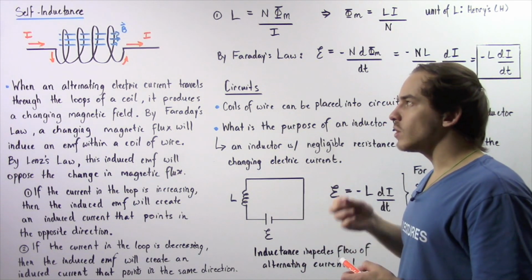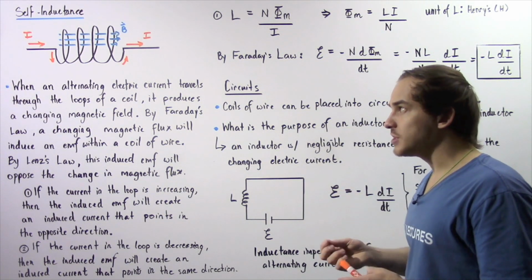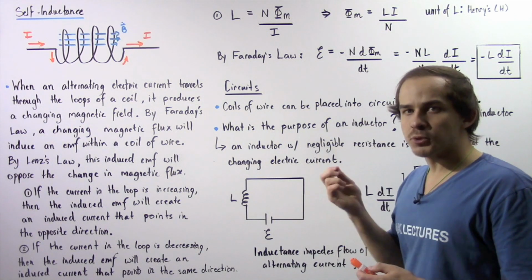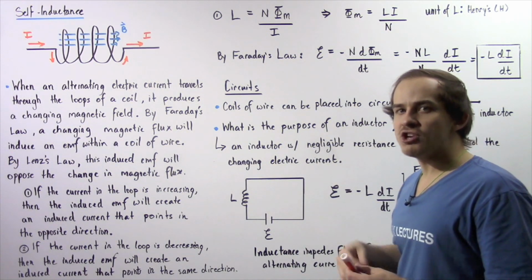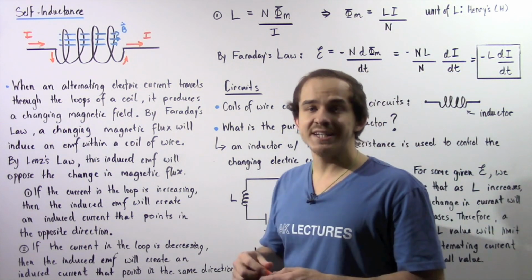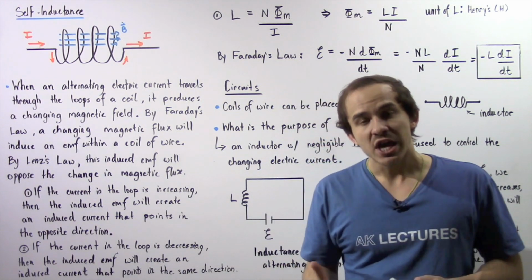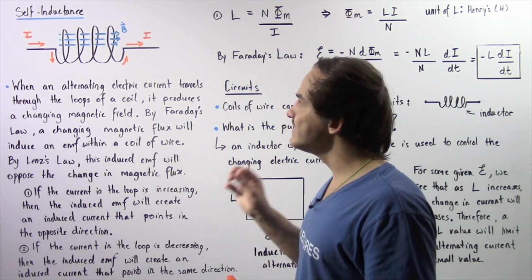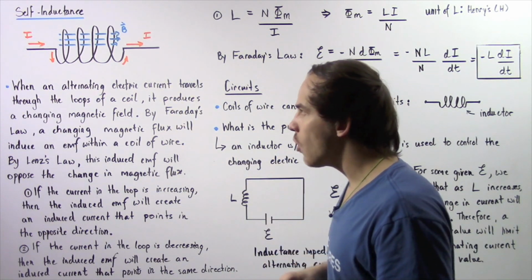Now, because our electric current is changing, because it's alternating, that means the magnetic field produced will also be an alternating, or a changing, magnetic field, and that implies that a changing magnetic flux will exist inside the loops of the coil.